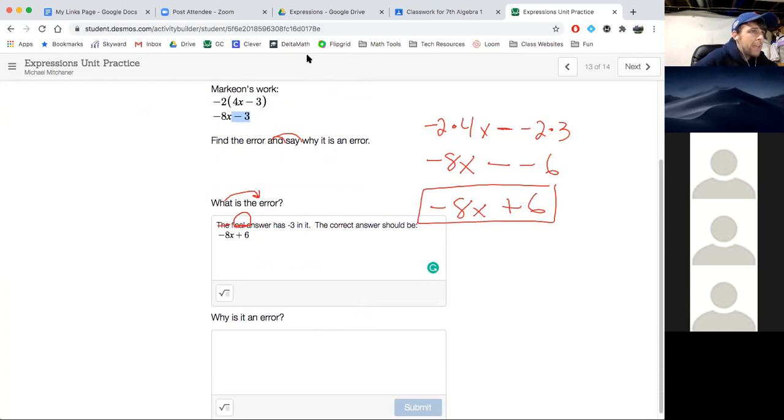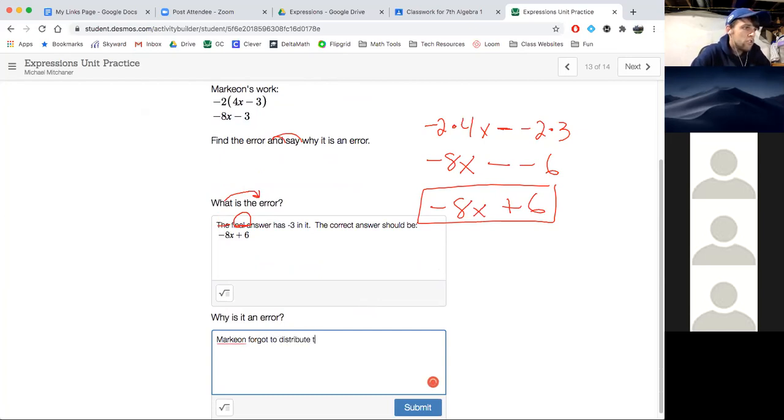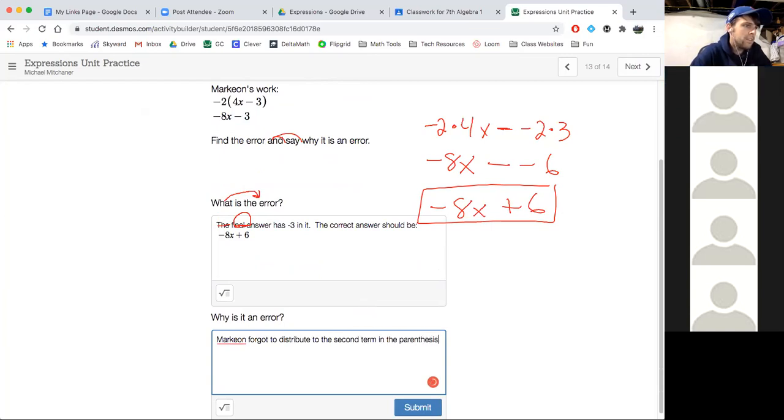I want to explain why this is an error. This is where I get into the details. So it looks like he forgot to distribute to the second term in the parentheses.